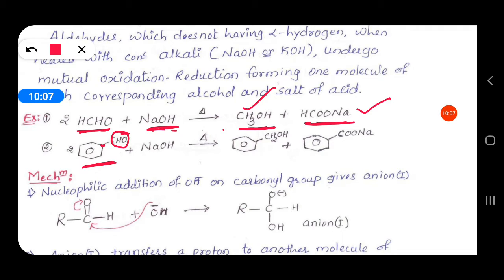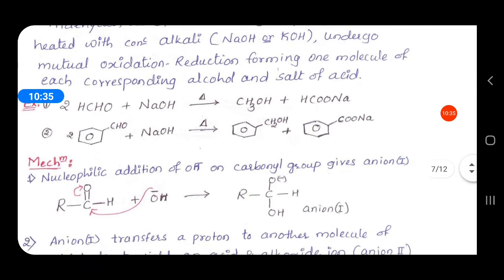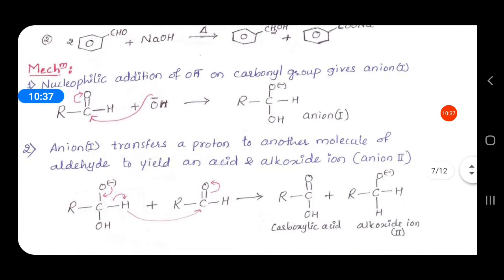So when this benzaldehyde is treated with NaOH, two molecules of benzaldehyde undergo mutual oxidation reduction and they form one molecule each of benzyl alcohol and sodium benzoate. So benzyl alcohol contains the same number of carbons as present in the benzaldehyde. Let us see the mechanism of this reaction.